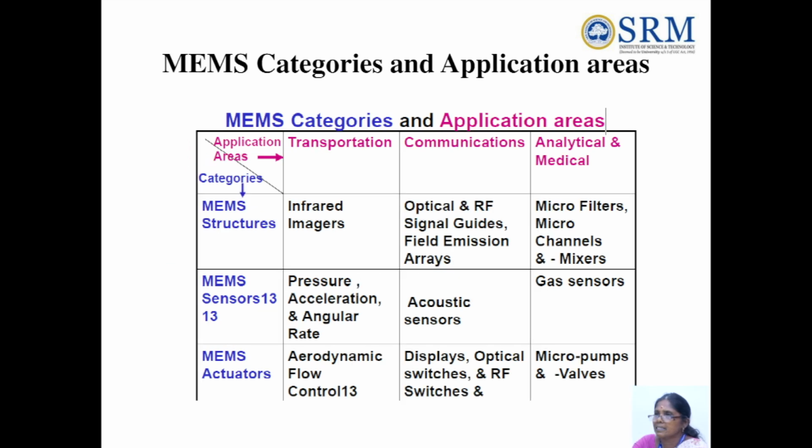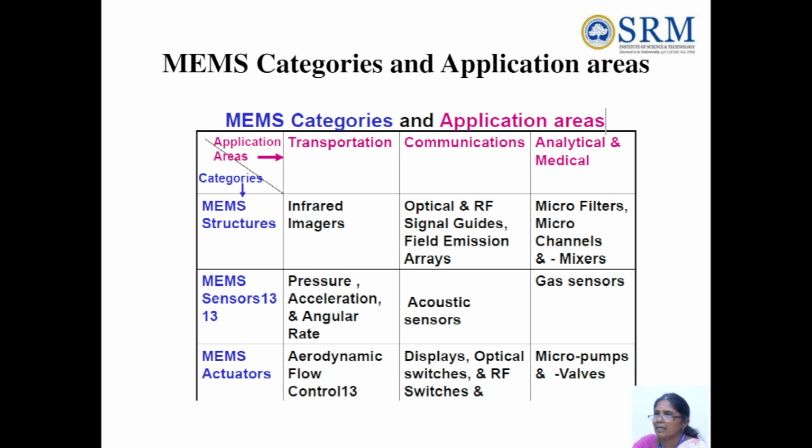The MEMS categories and application areas: the transportation side, the communication side, and also the analytical and medical side. The MEMS structures are infrared imager, optical, RF signal, field emission arrays, and for analytical medical, microfilters and microchannel mixers.